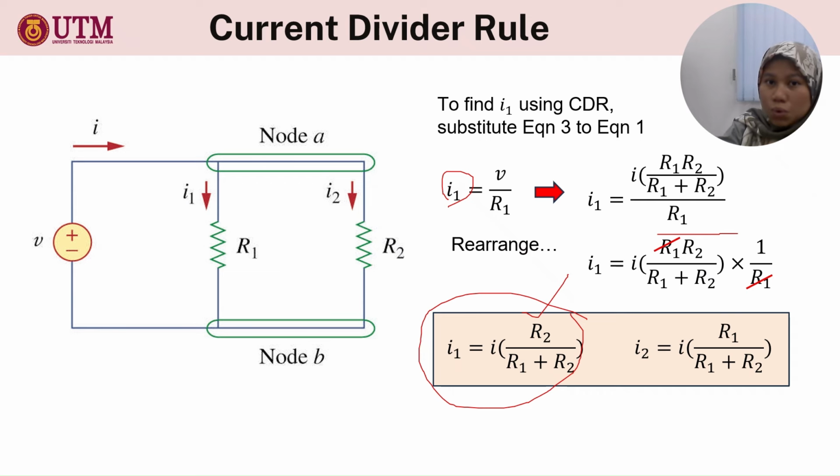So if you want to find the current here, we don't need to find the voltage here anymore, because we can use this equation directly: R2 over R1 multiplied with the current source, and then you get I1. I2 is also the same.